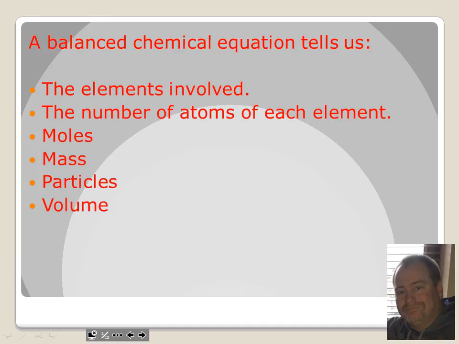It tells us the volume. Also can tell us the density. If we have a molar mass and we have a molar volume, we can get the density. So if we're dealing with that density, obviously, the 22.4, the volume has to be at STP and the gas also.